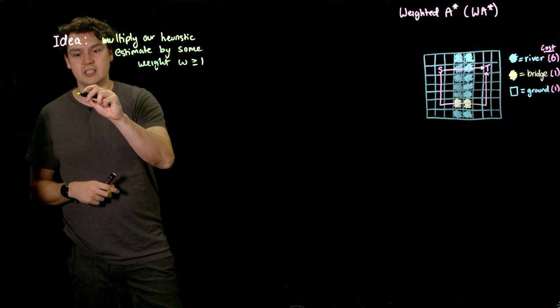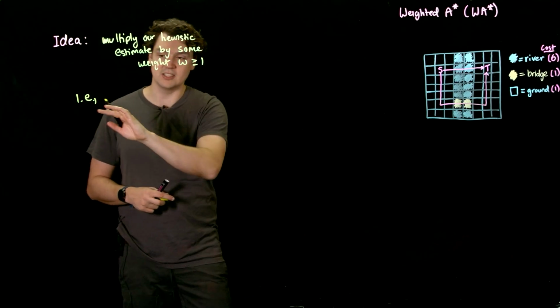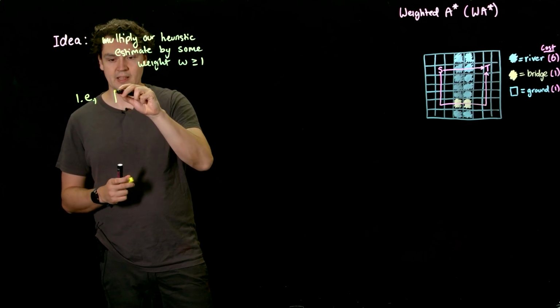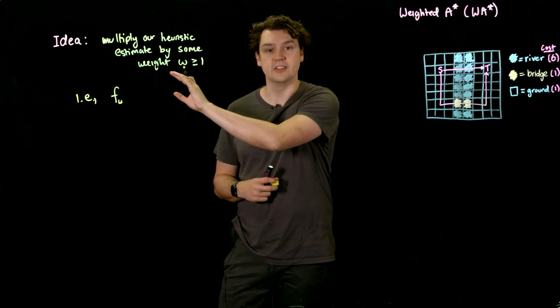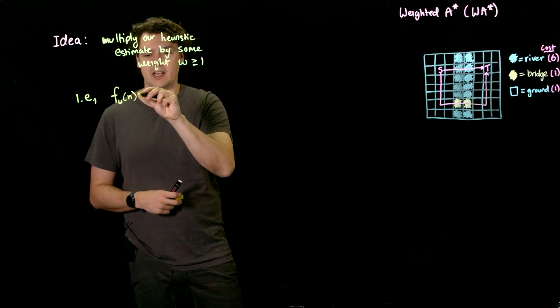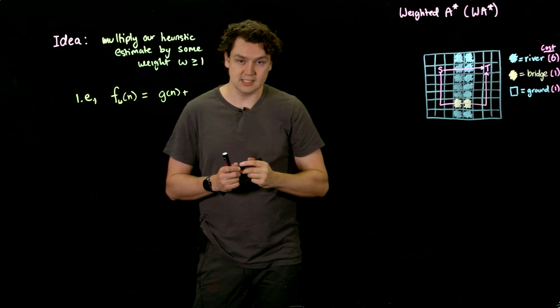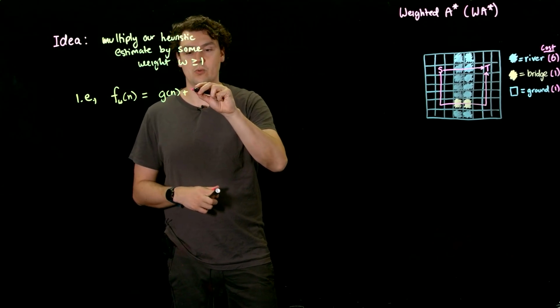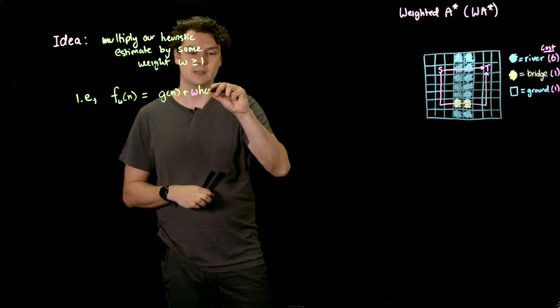Mathematically, this is the same as saying f, and I'll put a w just to distinguish it as the weighted A star f function: Fw of n is equal to g of n plus a weight value, w times h of n.